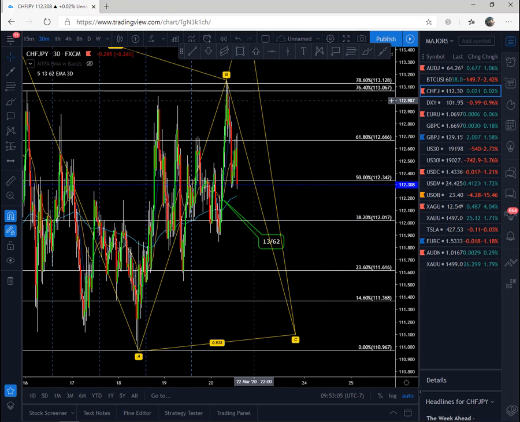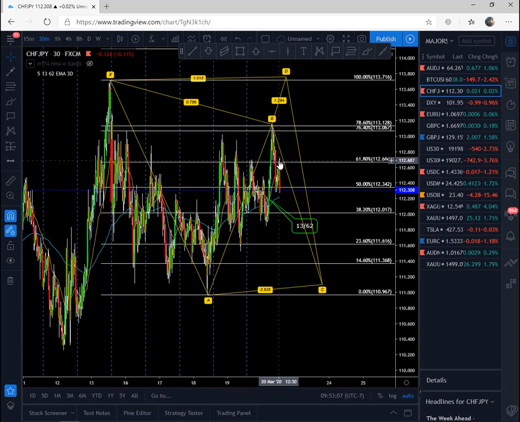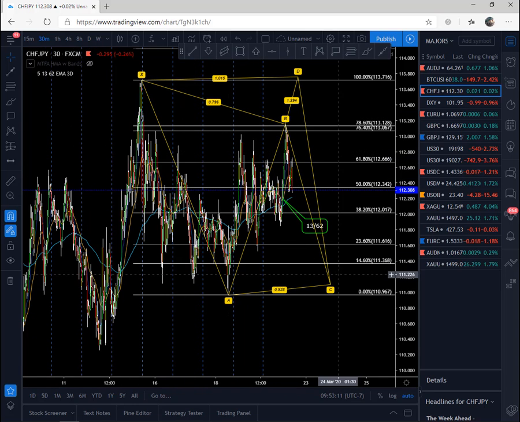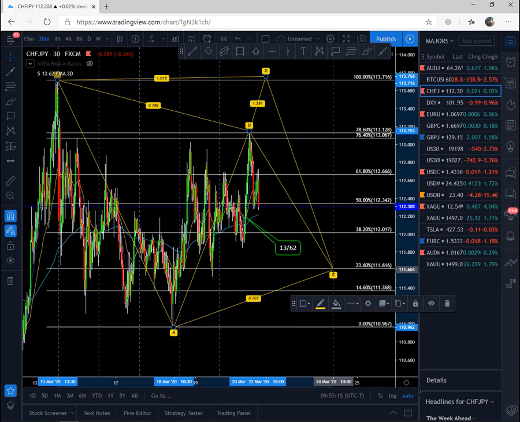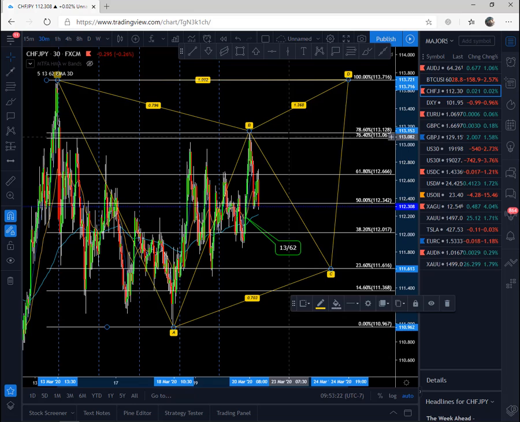As you can see, it wicked the 78.6 and then price dropped from there. Seems like the C point is still being established. It's not yet ready. Let's see what the other pattern has to say.